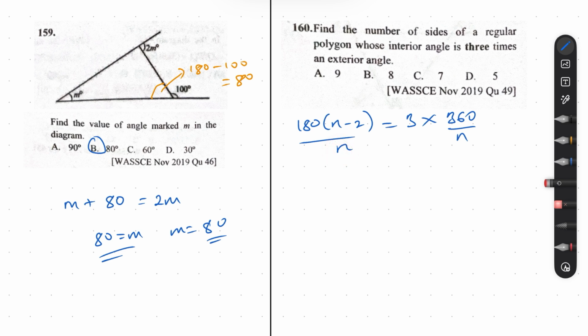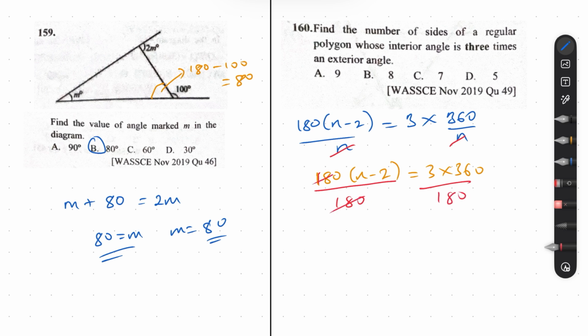Now n and n can already cancel out, so we'll deal with the rest. So we have 180(n minus 2) is equal to 3 times 360. You can divide both sides by 180, so these can cancel out.